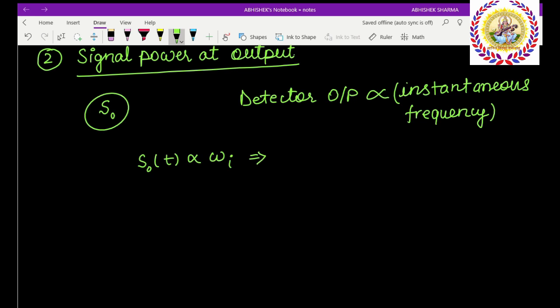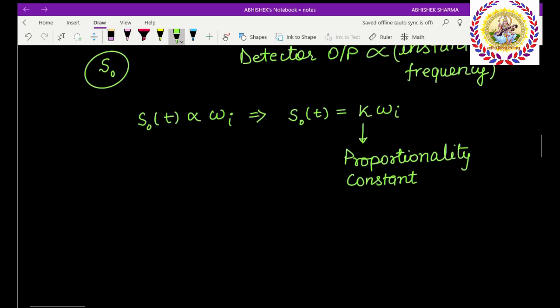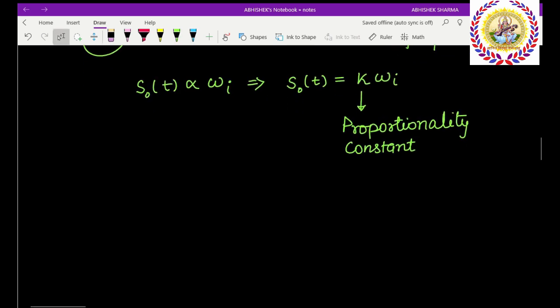Now S0(t) is proportional to omega_i, which means that if we take the proportionality constant K, it will be equal to K of omega_i, where K is our proportionality constant.